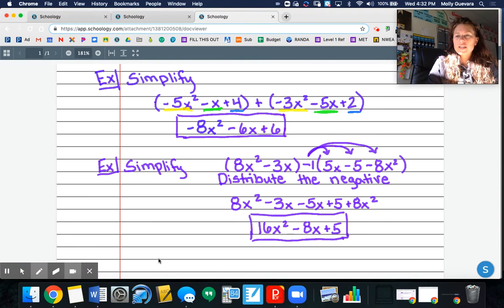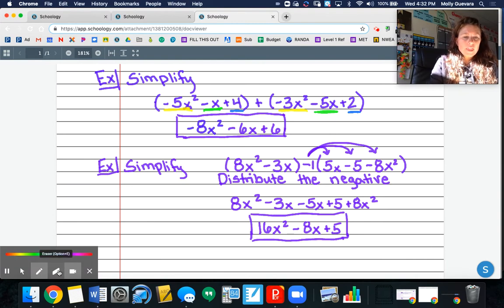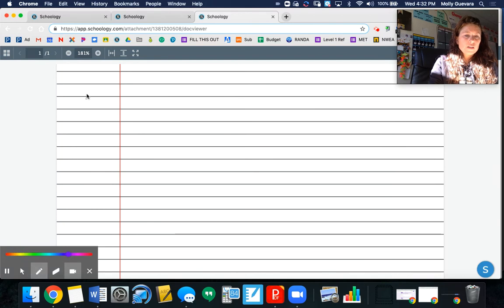Okay, so hopefully a nice little reminder. We have one more example to do. So I'm going to go ahead and erase, so if you need a pause, pause. Our last example, before the sun totally fries me, is multiplying. So how do I multiply? So I want to simplify.